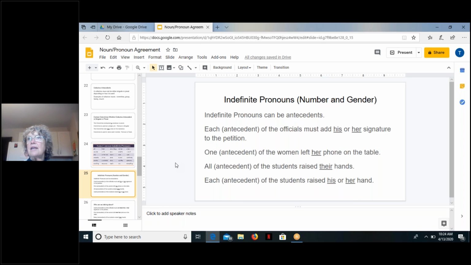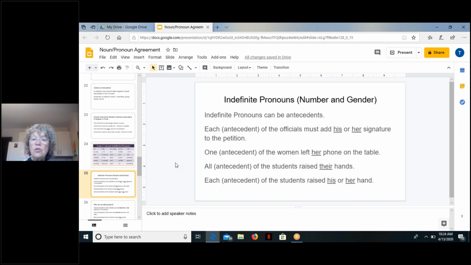Your context has told you that you're going to be referring back to each as a singular pronoun. One of the women left her phone on the table. There was a whole group of women. They were in the room. They all left. One of them left her phone on the table. So when we're talking about her phone, we're choosing a pronoun that matches just one of those. So it's a singular pronoun.